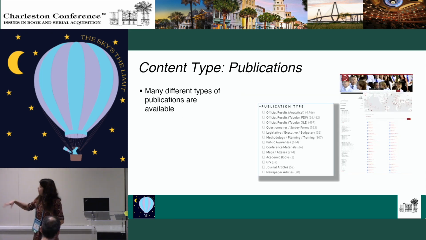I briefly mentioned the types of publications, but researchers can search through the different publications. For example, if they just want to see the official results, or if they want to see the public awareness materials, they can search through all those different types of publications. They are in PDF form. They can be searched with keywords.